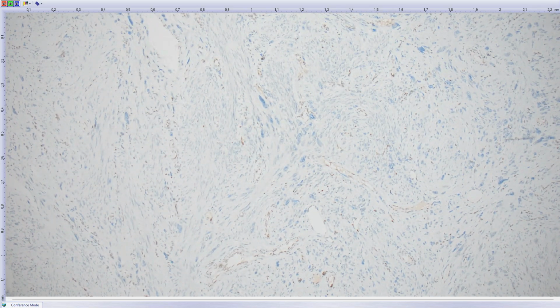It was discovered quite recently that there are two subsets of leiomyoma with bizarre nuclei, one of which is this with FH deficiency, and another one is leiomyoma with bizarre nuclei having loss of RB1, or retinoblastoma 1, staining.